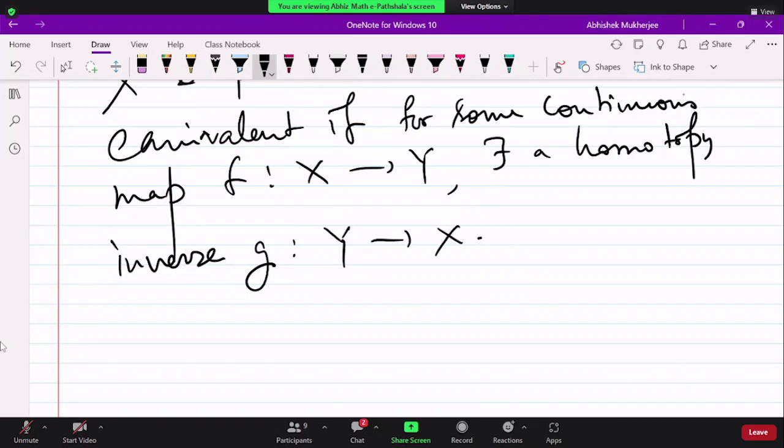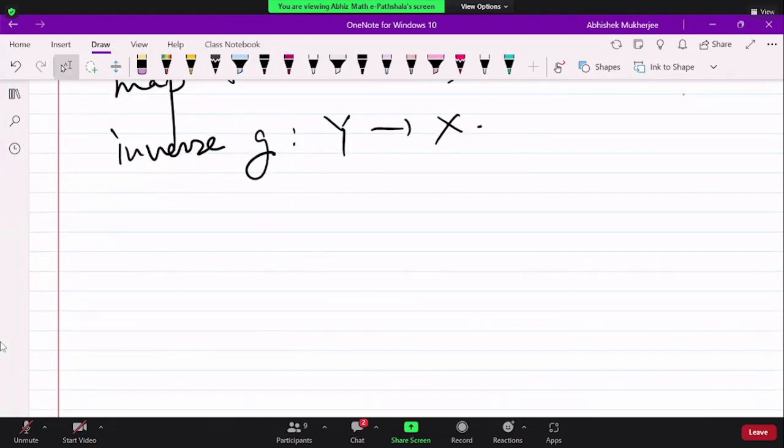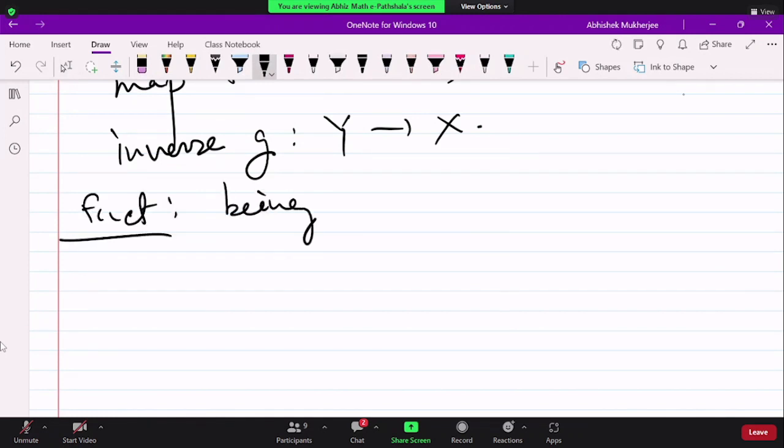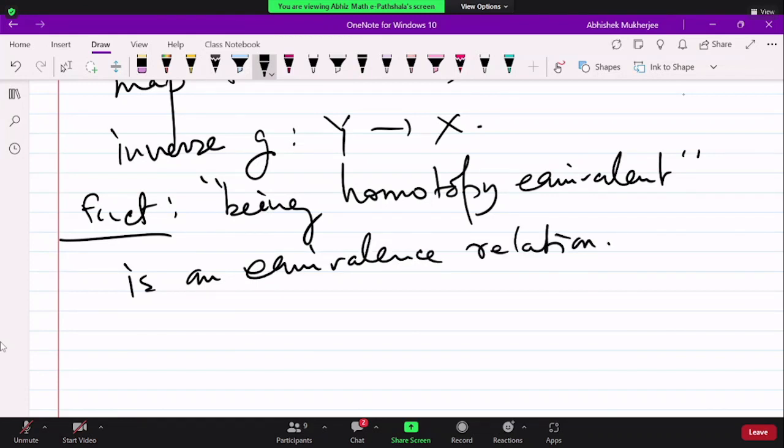And this relation of being homotopy equivalent certainly will be an equivalence relation. The fact that being homotopy equivalent is an equivalence relation means you can partition the class of spaces by means of this relation.